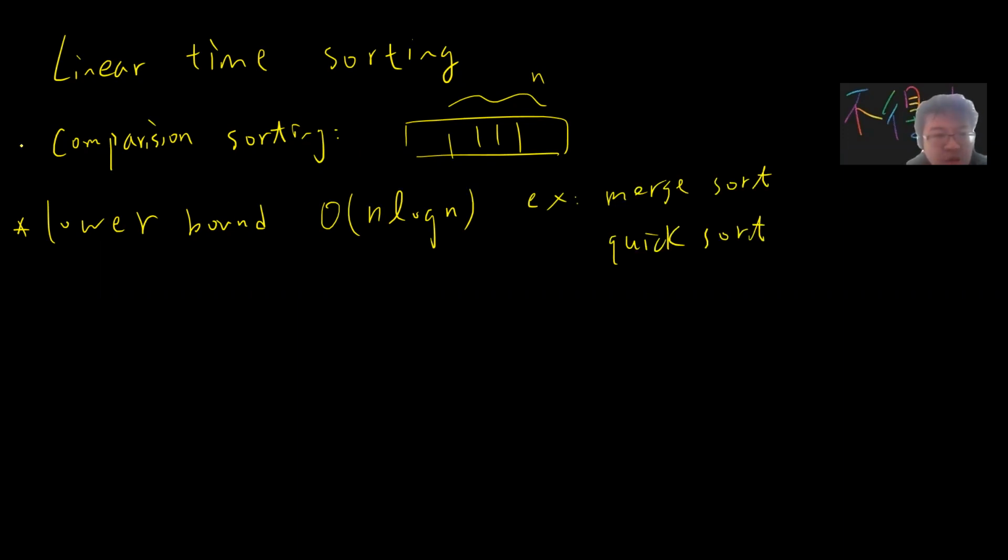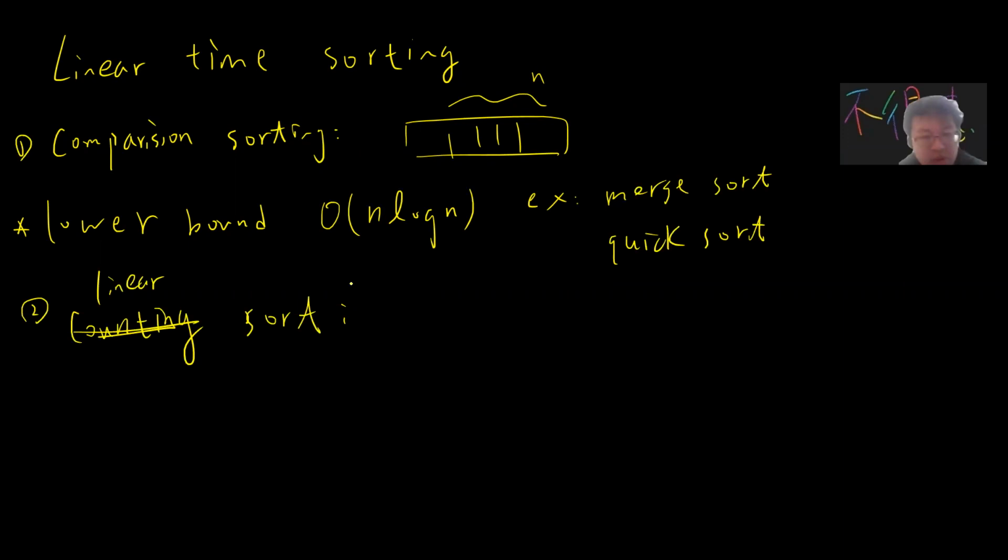Okay, and today I want to briefly review two standard linear sorts. These are for situations where the range of your array is small integers.